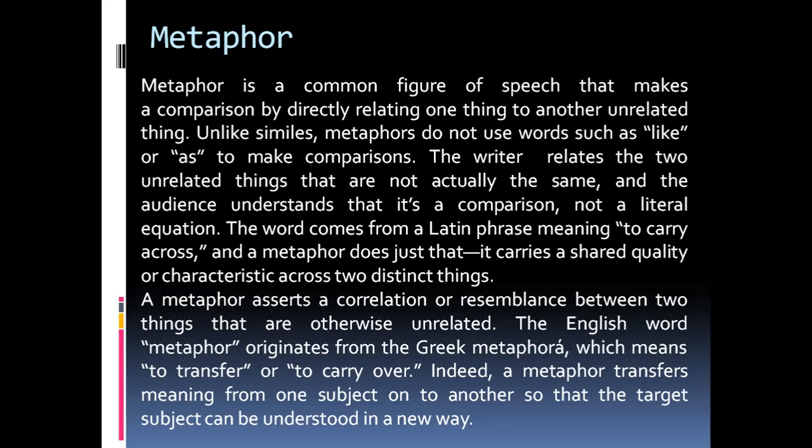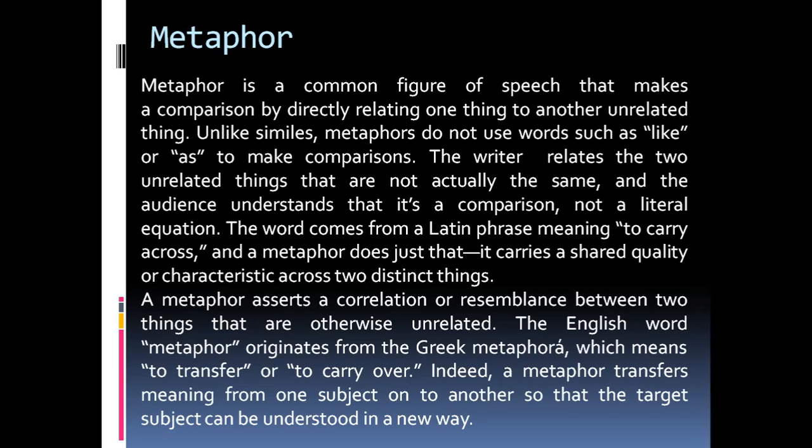So, how does the writer relate the two things? The writer relates two unrelated things that are not actually the same, and the audience understands that it's a comparison, not a literal equation. The word comes from a Latin phrase meaning to carry across, and a metaphor does just that.